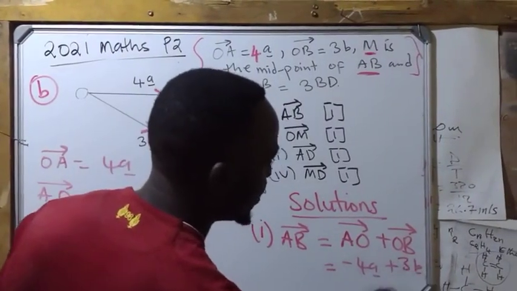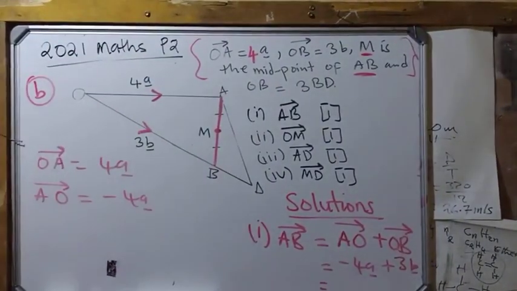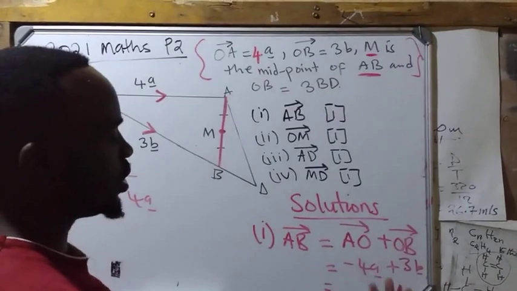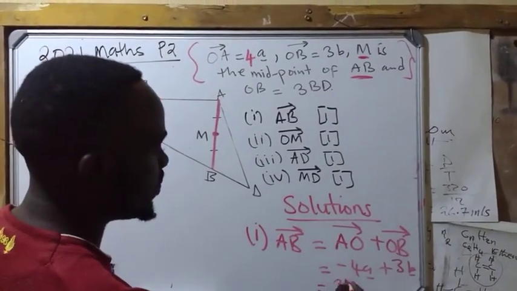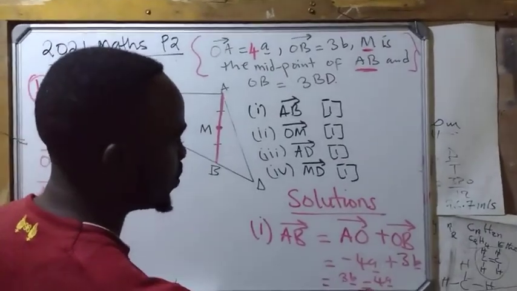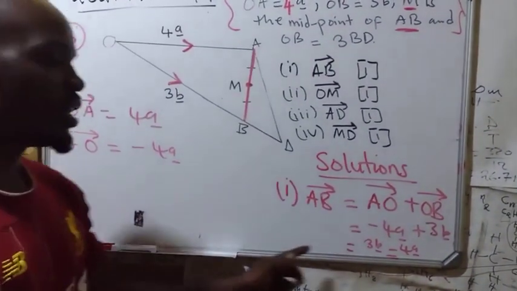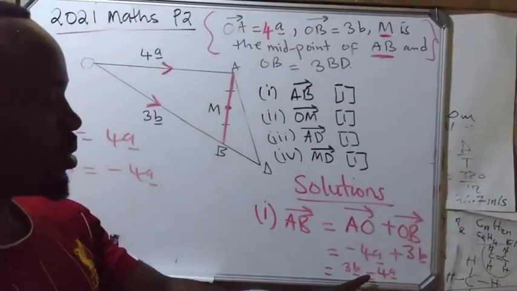Now let's not leave our answer in the negative form, so we interchange: 3b vector minus 4a vector. This is our answer for question 1.